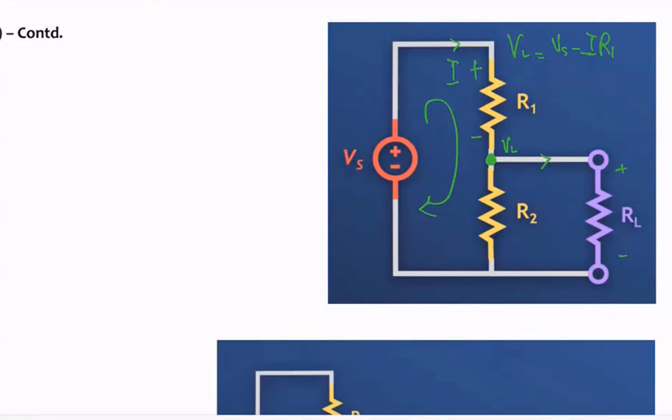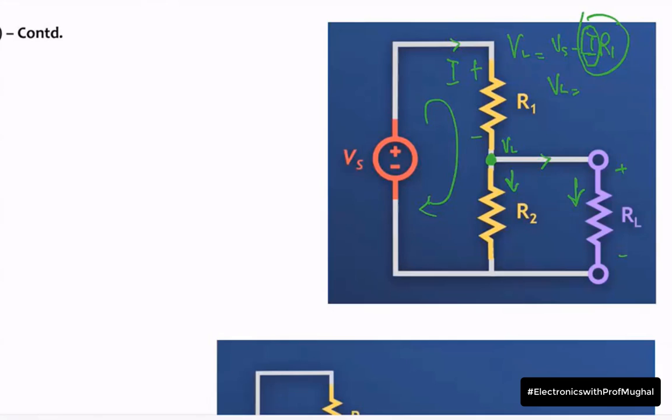The problem here is, if this load is drawing more current, then if this number increases, this whole term increases, right? So VL is going to be a small number.